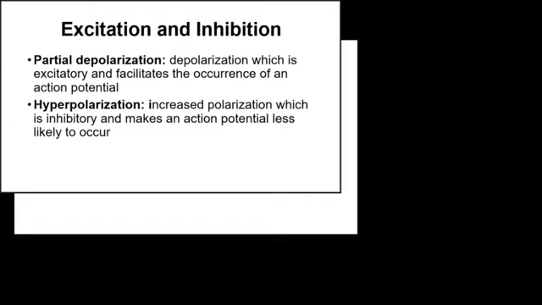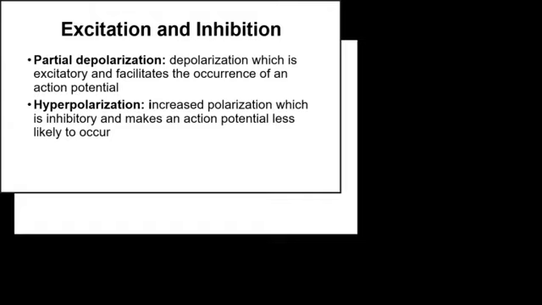And then when we're looking at our excitation and inhibition, we've kind of already discussed these topics, but I want to go over it again with some extra terms and give us a better understanding of what's going on at a smaller level. So we talked about partial depolarization. That's what happens when you have a slight excitation signal that comes in.